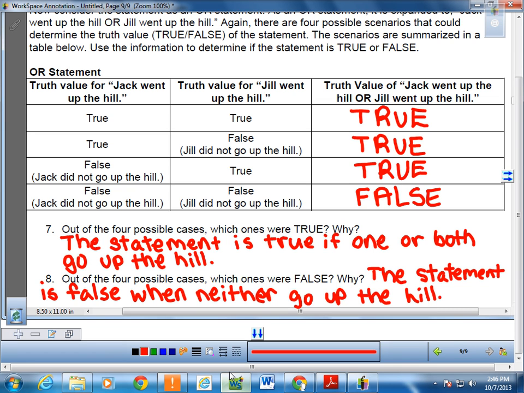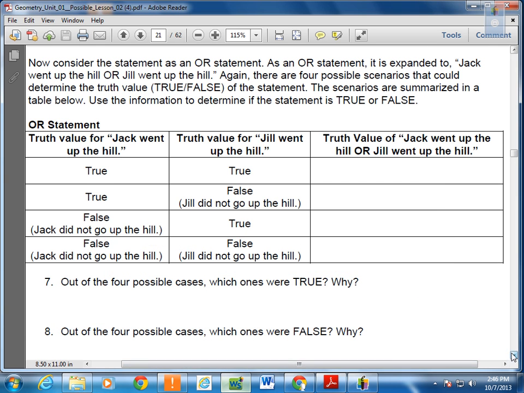All right, number 9. Based on your findings in the table, consider P or Q, where P and Q are statements. Describe the conditions that make P or Q true in terms of the truth values of P and Q. All right, so we'll need to answer question number 9.